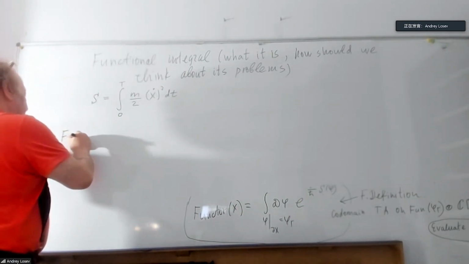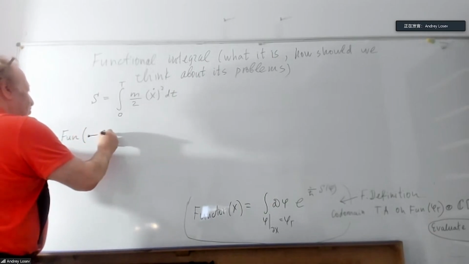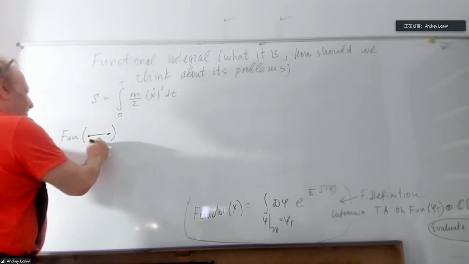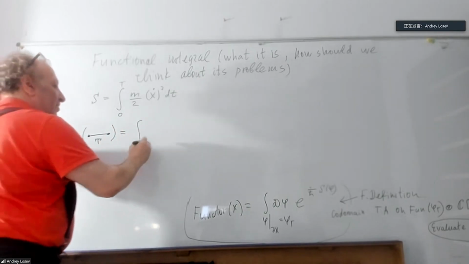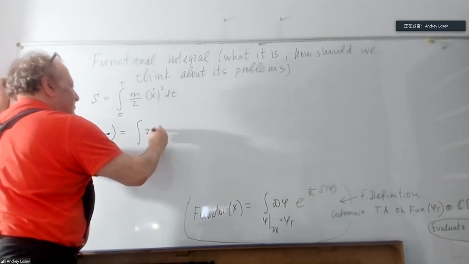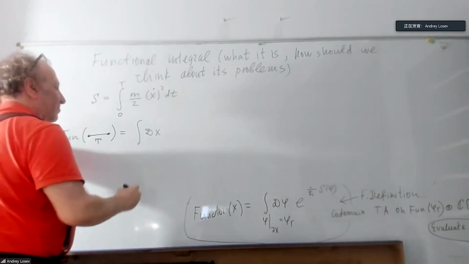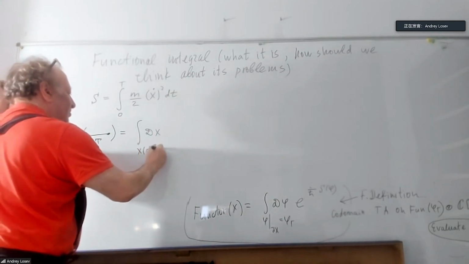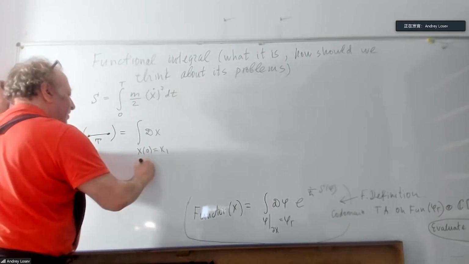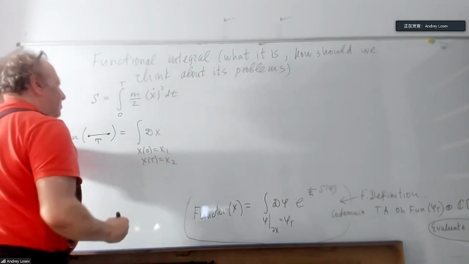I would say that the functor applied to the interval of length t is the integral over fields dx, an infinite dimensional integral, with the condition x of 0 is x1, x of t is x2.